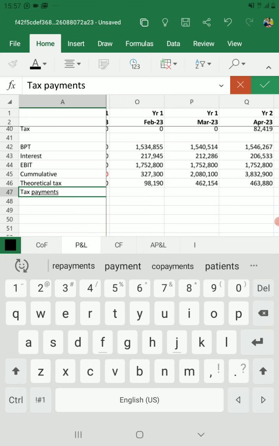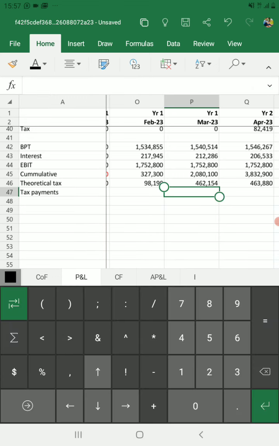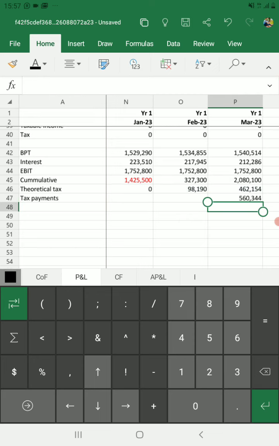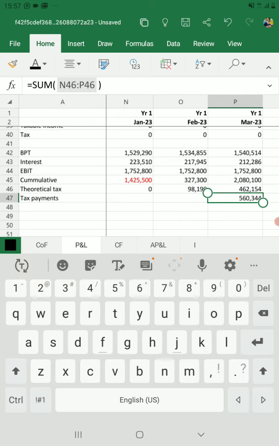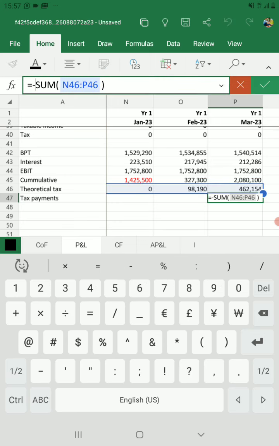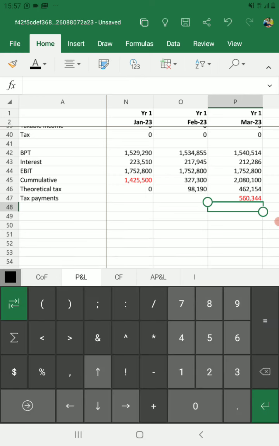So the first calendar quarter ends in March, and I just put a formula for sum. That one will cover January, February and March. Press enter. Because this is a tax payment, let's start with a negative number. So start with negative, press enter.